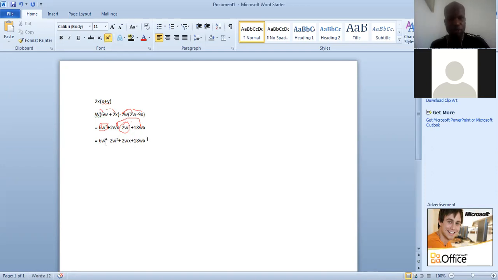If you say 6W to the power of 2 minus 2W to the power of 2, my answer is going to be 4W to the power of 2. Is that okay? So I'm going to have equals 4W to the power of 2. Sorry, forgive me for this, it's because it's writing the other way around. Equals to a.